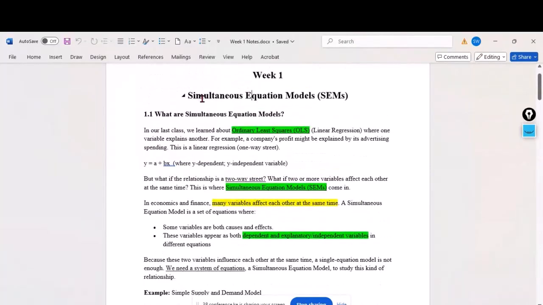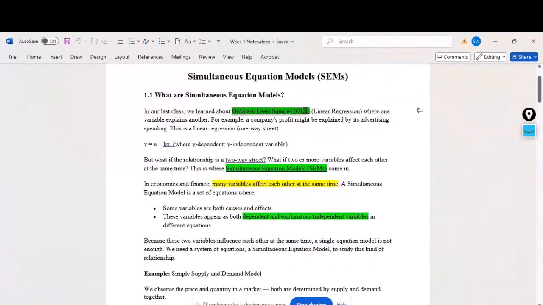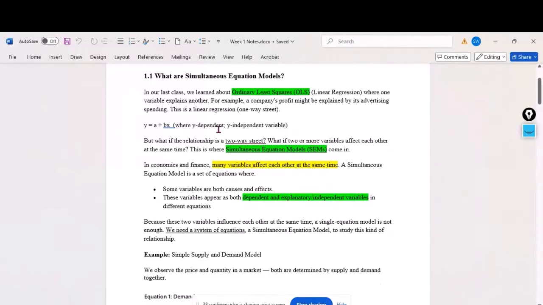In this lesson, we shall be dealing with simultaneous equations. We have already discussed that the model we usually use is called the OLS, the linear regression model, or the ordinary least square method. This least square method is whereby we have two variables.